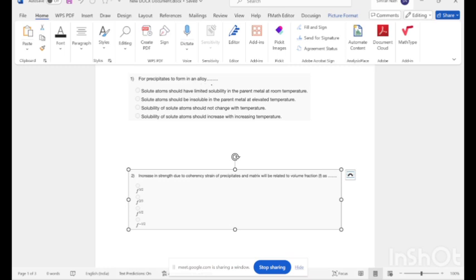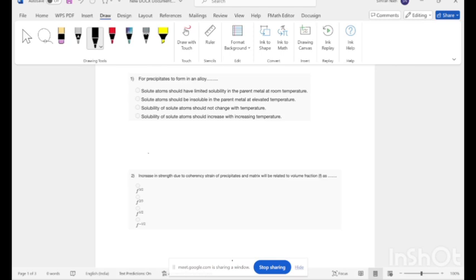For precipitates to form in an alloy, just now I explained the reason. Go through the options, then answer. The solute atoms should have limited solubility in the parent metal at room temperature. And one more answer. The correct answer is D. Solubility of solute atom should increase with increasing temperature. Okay.